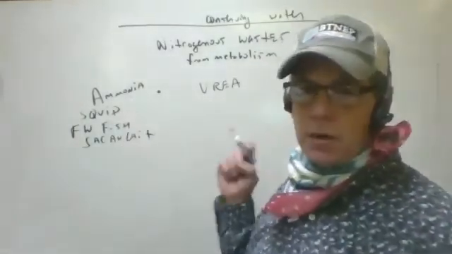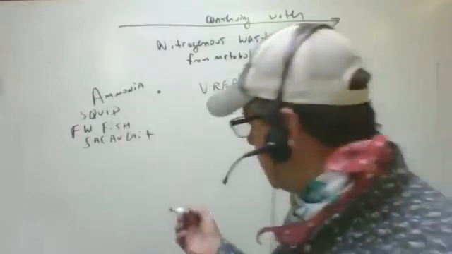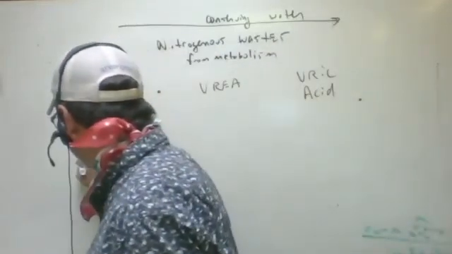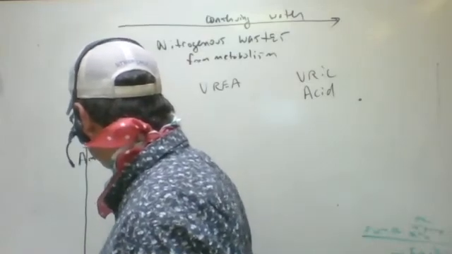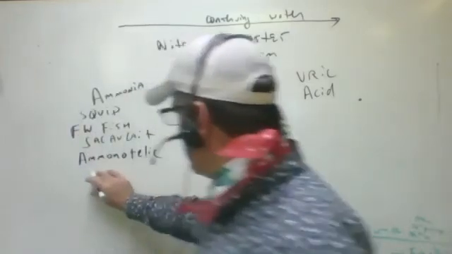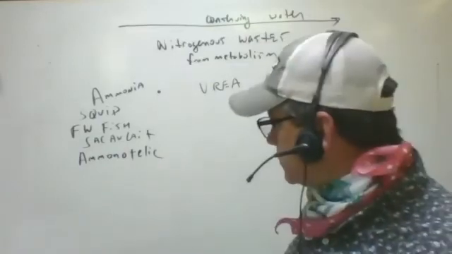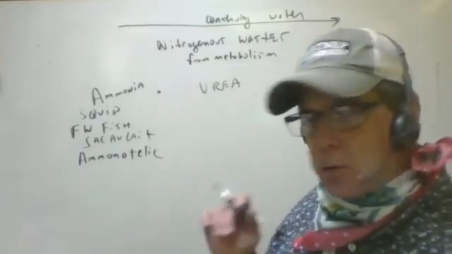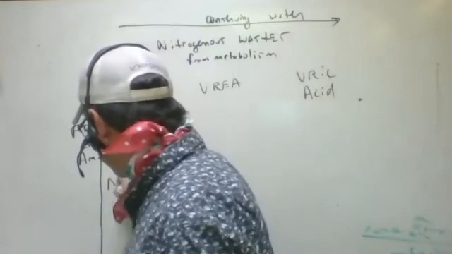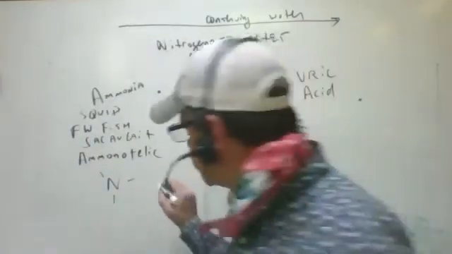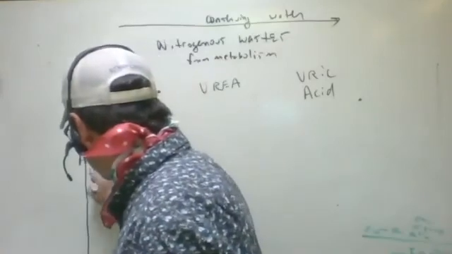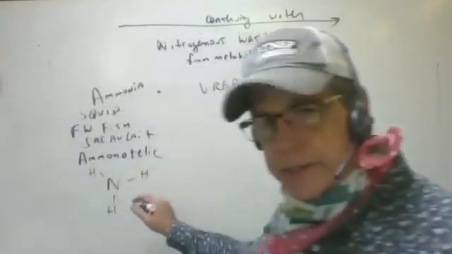These animals that release nitrogenous waste as ammonia are called ammoniotelic. Ammoniotelic. What does ammonia look like? It's a single nitrogen atom with 3 hydrogens. Right? That's what ammonia looks like.